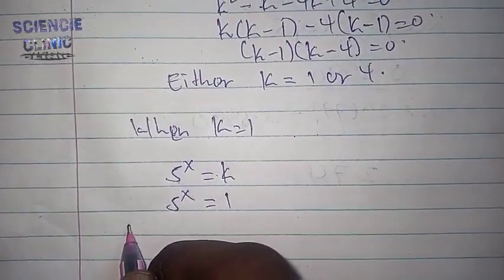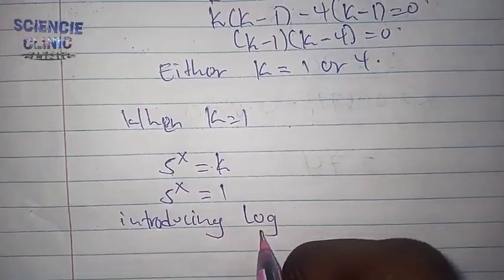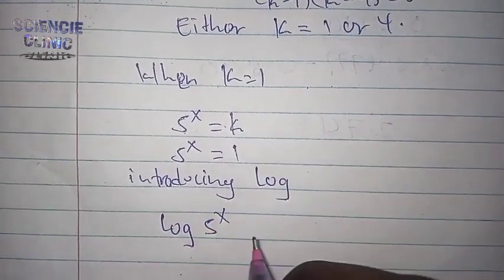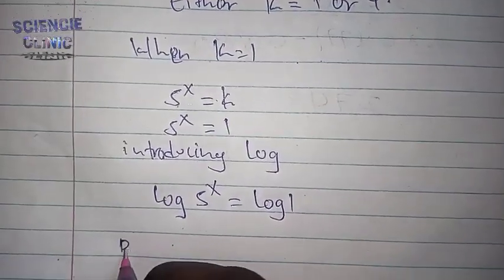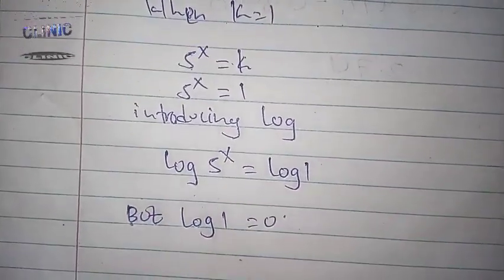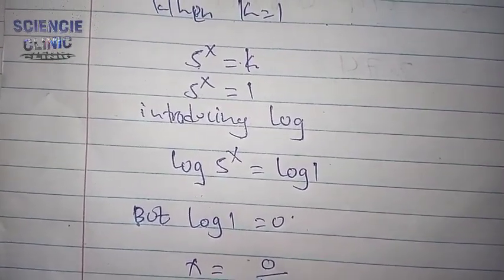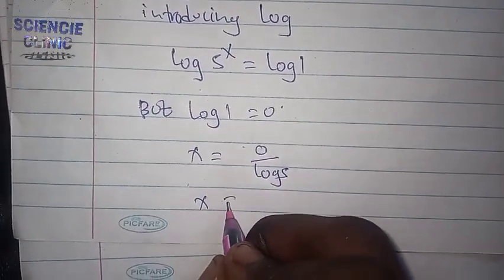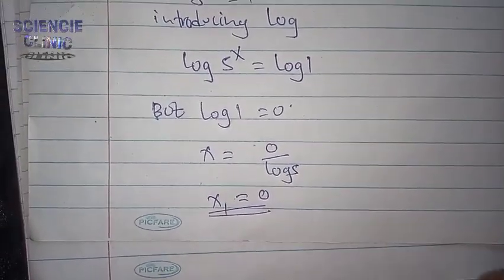Introducing log, you are going to have x log 5, which is equivalent to log 1, but log of 1 equals 0. So we are going to have our answer as x equals 0 over log 5, which is x equals 0. That is our first value of what?